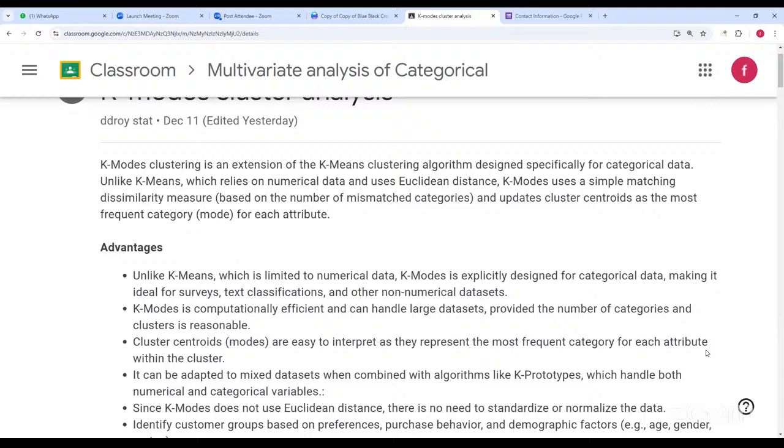For example, you have visited one sweet shop and you have noted that some sweets have the rasa, the liquid, inside, and some sweets are dry. So you can tell that these sweets are non-dry and these sweets are dry. That means you have to find out certain logic about the clustering.